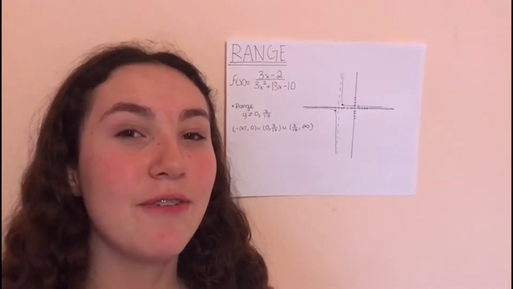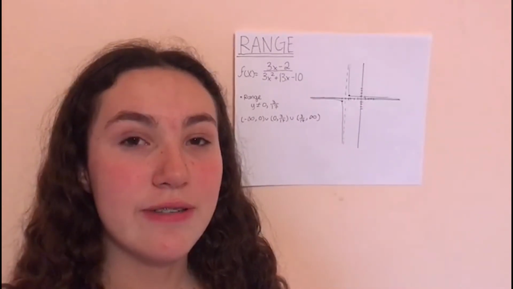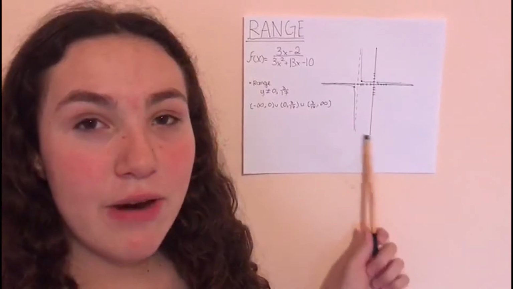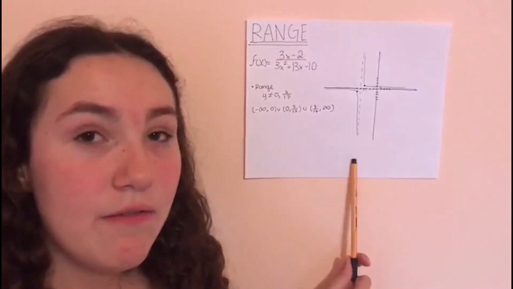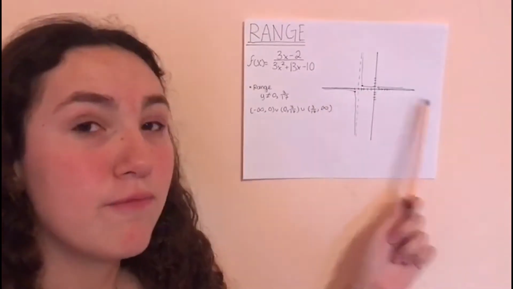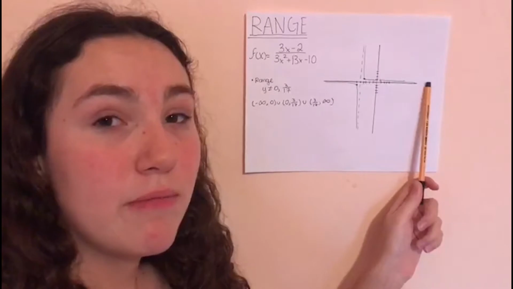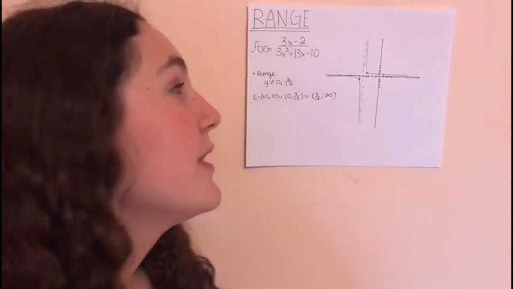Range is all the possible values y can have. In this case, we should consider the horizontal asymptote, which is y equals 0. As you can see in our graph, the line comes from quadrant 3, from negative infinity, and gets close to 0 but never touches it. And from quadrant 1, it comes from positive infinity and goes up to infinity.